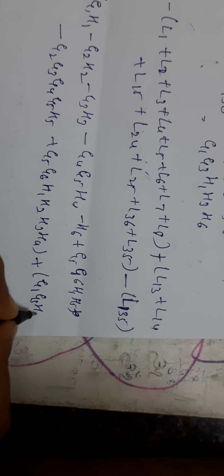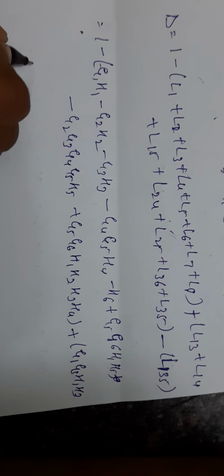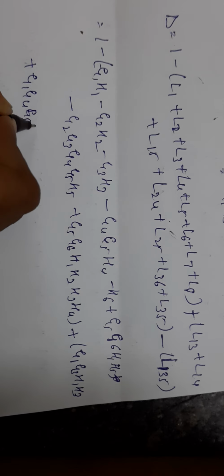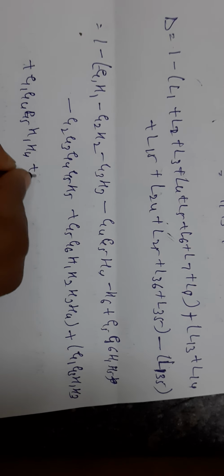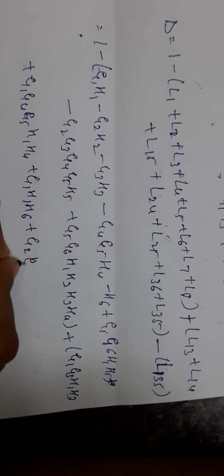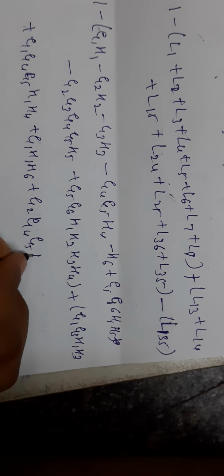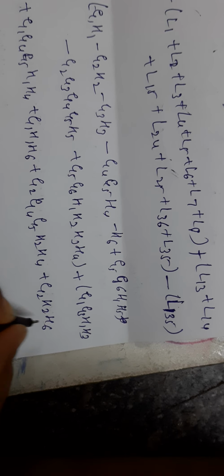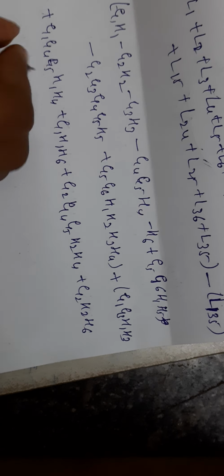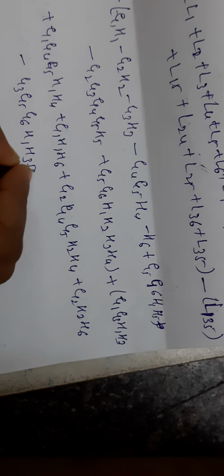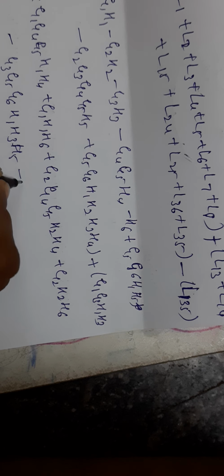G1 G3 H1 H3 plus G1 G4 G5 H1 H4 plus G1 H1 H6 plus G2 G4 G5 H2 H4 plus G2 H2 H6 minus G3 G5 G6 H1 H3 H5 plus G3 H3 H6.